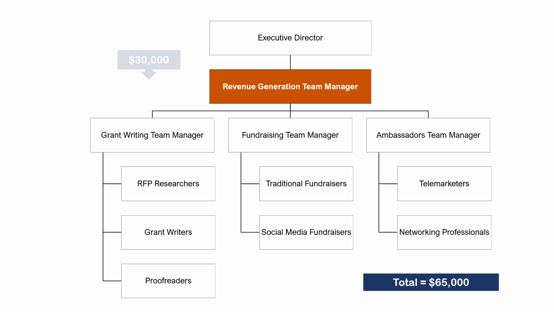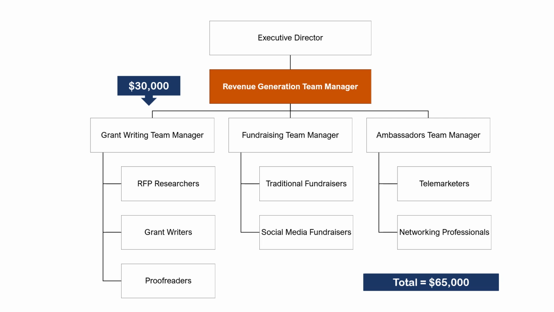So now the revenue generation team is divided into three teams. You have the grant writing team manager, fundraising team manager, and the ambassadors team manager. The grant writing team includes RFP researchers, people who find grant funding, the grant writers, and the proofreaders.